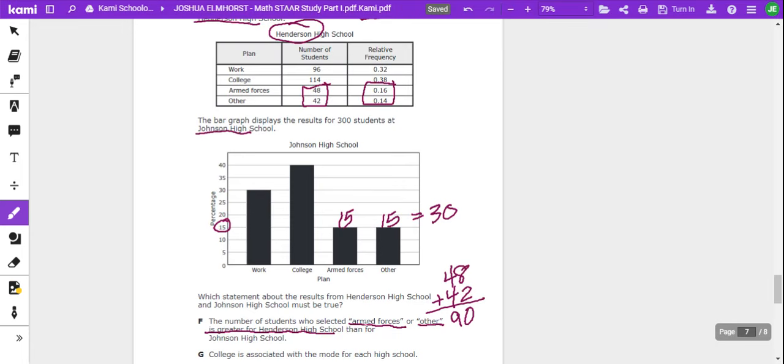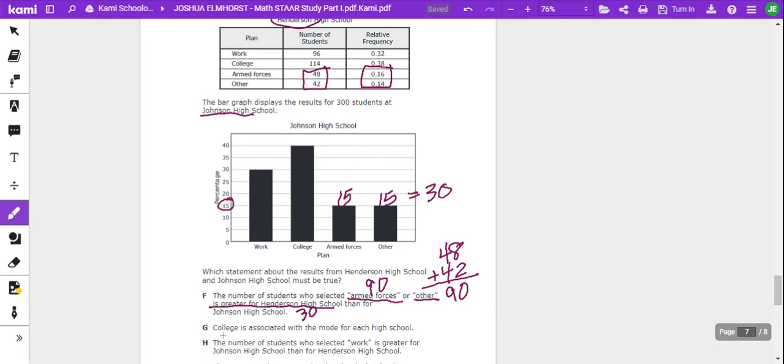So the number of students who selected armed forces or other is greater for Henderson than for Johnson. And that looks to be true. So this is 90 and this is 30. So we can double check and see college is associated with the mode for each high school. So college, I do not believe you can find the mode. The number of students who selected work is greater for Johnson High School.